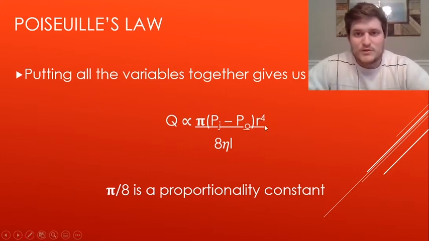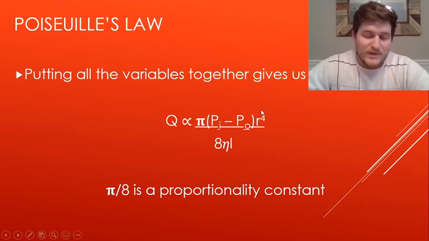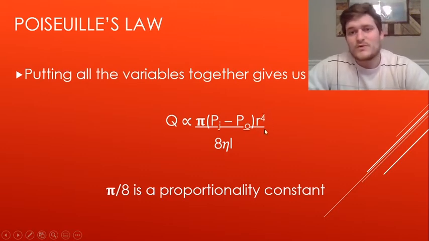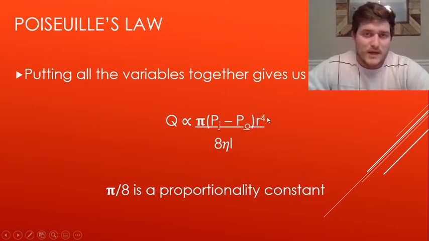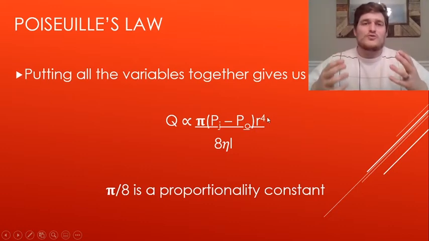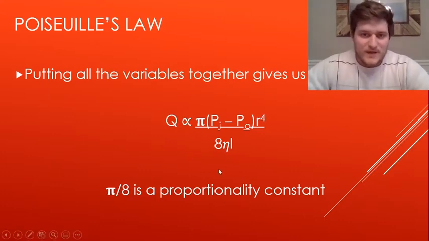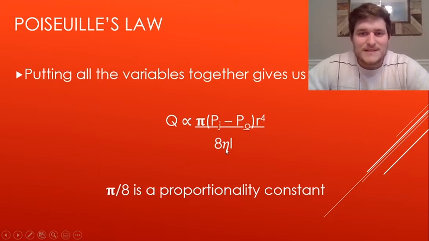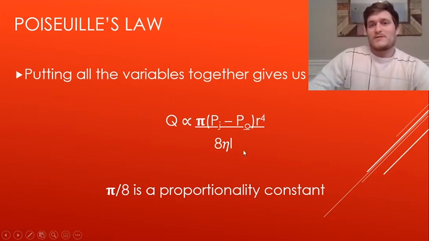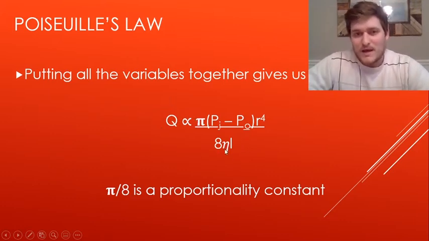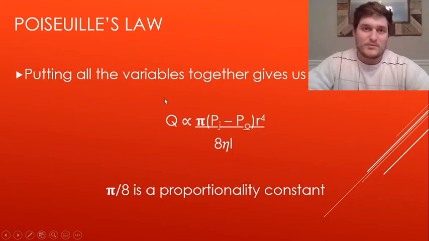So if you want to decrease blood flow to a certain area, you would want to decrease blood vessel radius, and we do this by vasoconstriction of those vessels. Again, the other two factors, viscosity and blood vessel length: if you increase viscosity or you increase blood vessel length, you will decrease blood flow, so those are inversely proportional. If you doubled either one of these factors, you would decrease blood flow by 50%.